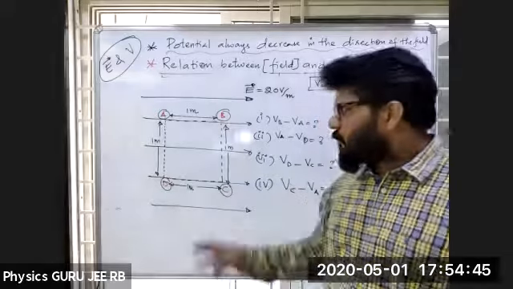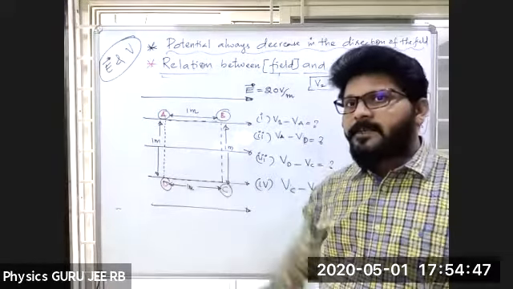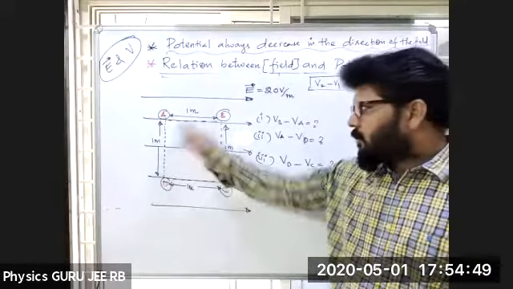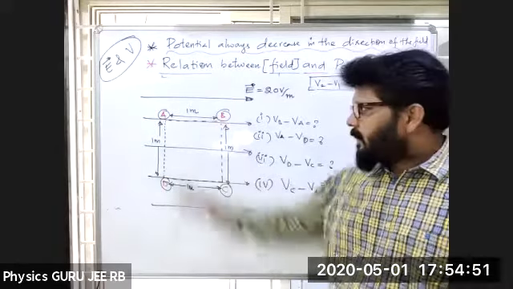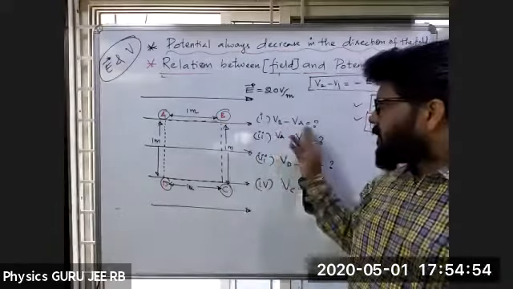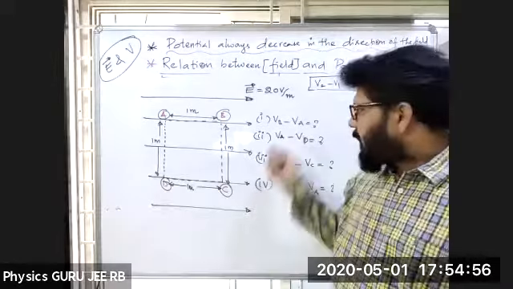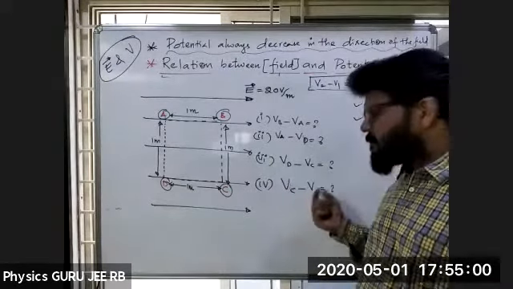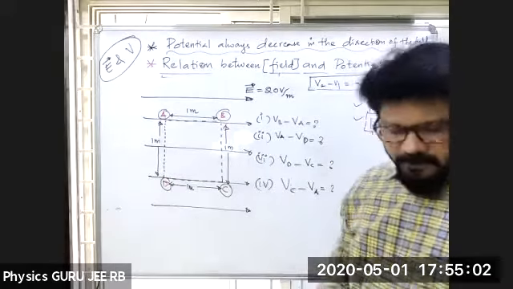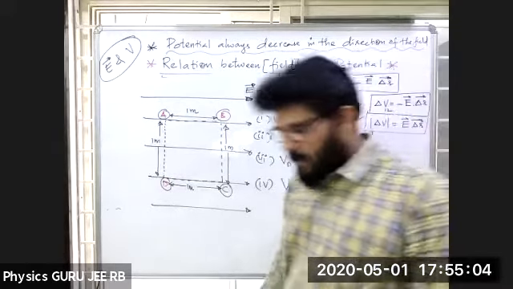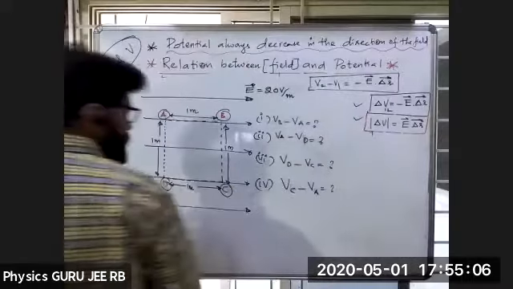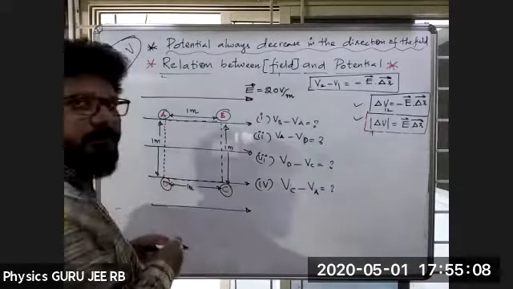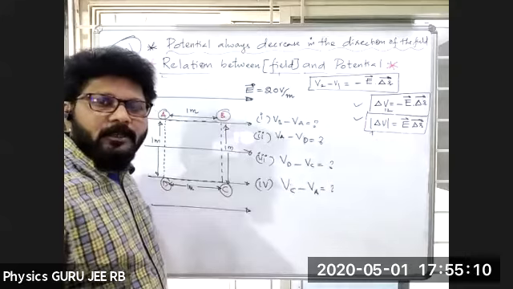Now we want to calculate the potential difference between A and B, that is VB minus VA, and VA minus VD, or VD minus VC, or VC minus VA. First I'll solve for one, then you try for the second one and third one, tell me the answers. See, I'll go with the concept method only, based on concepts.